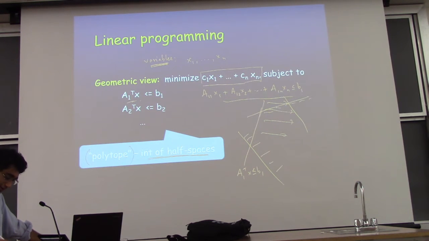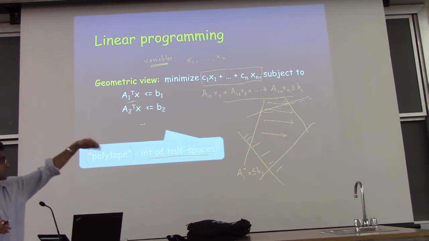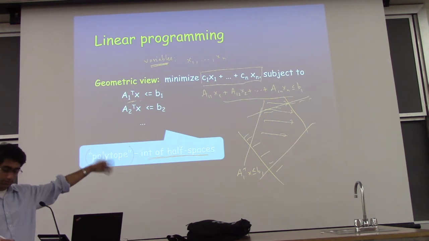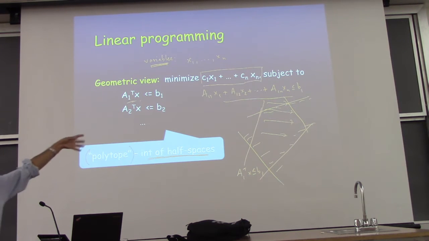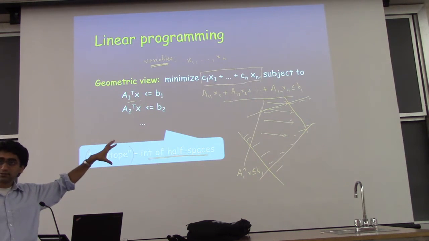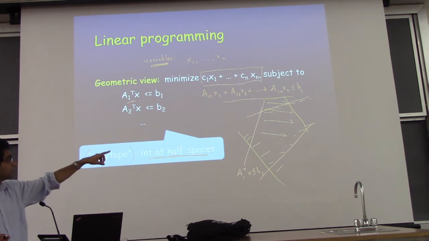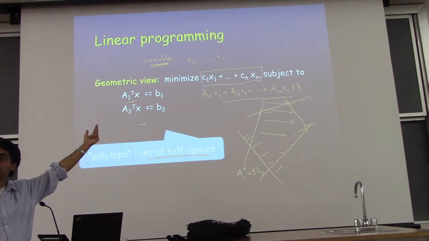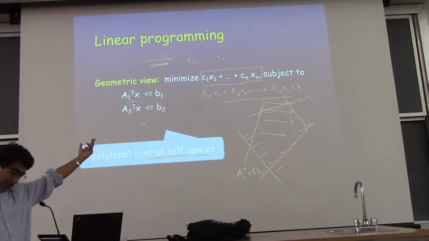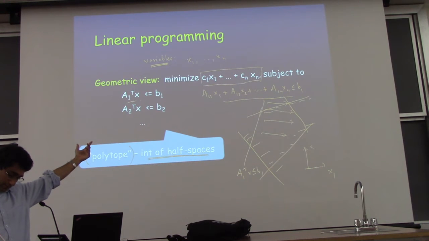Okay, so it's finite if you have constraints that fully close this thing. So you have a polytope that looks like this, and what you want to do is minimize some linear function on it. Let's say this is the x1 axis, this is the x2 axis.